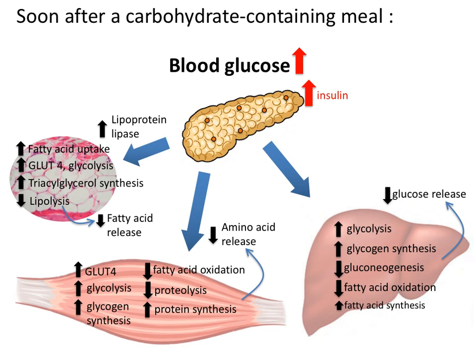This includes hormone-sensitive lipase. So there's a decrease in lipolysis and a decrease in the release of fatty acids from adipocytes. Together, this presents a picture of insulin stimulating growth and building of storage molecules throughout the body.